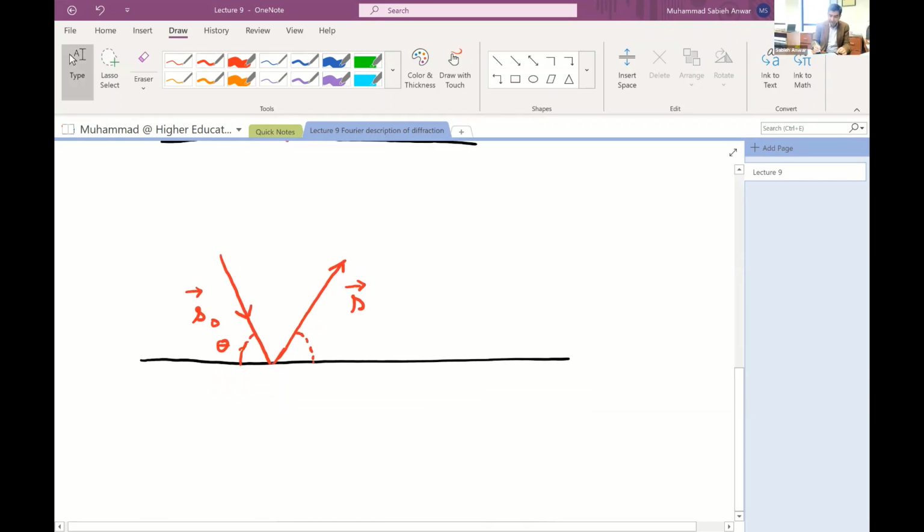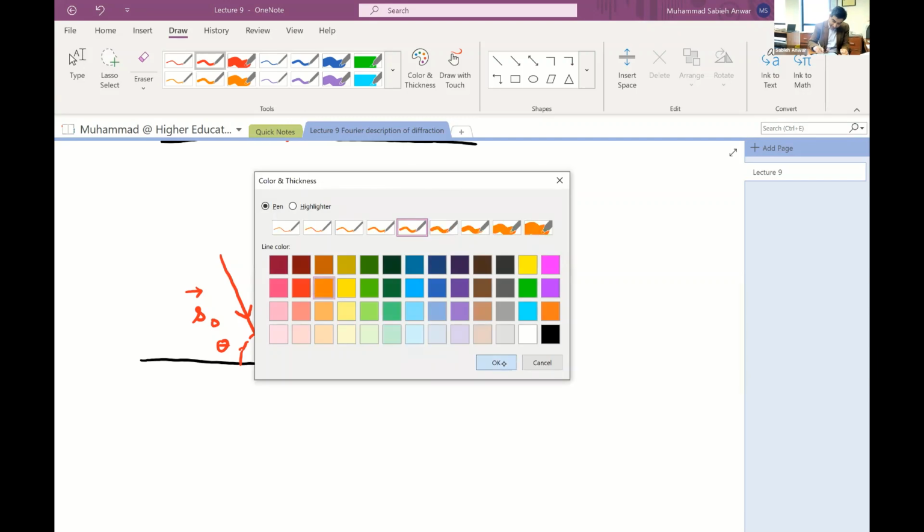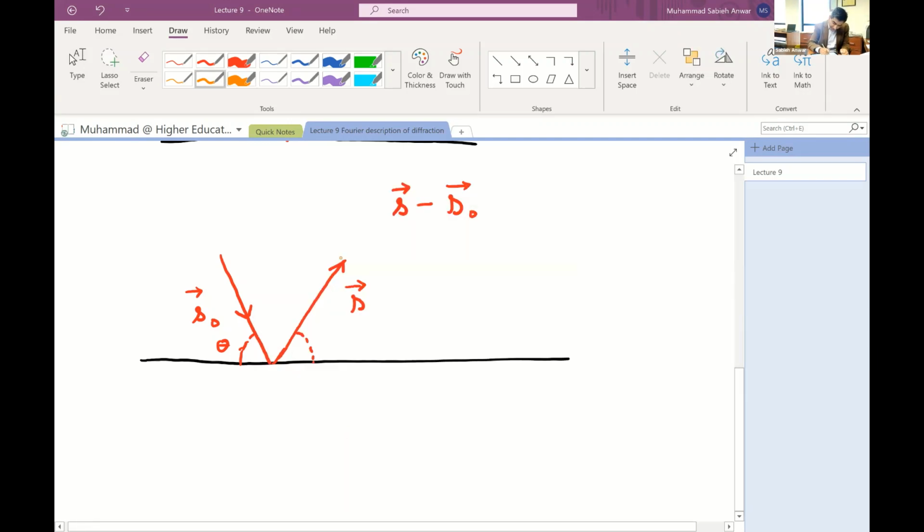Now, if I were to find out the change in the direction of the X-ray as it is scattered from the atomic plane, let's find out this vector S minus S naught. In order to find this vector, I would simply change the position of S naught and invert it.